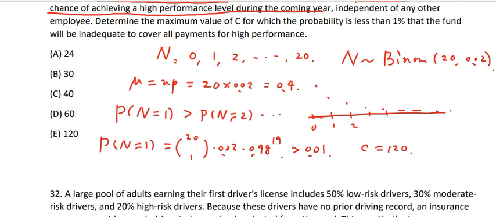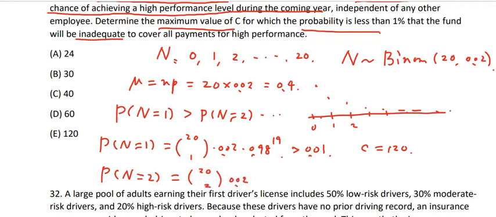So the question is, we want to find the maximum C such that the probability that the money is not enough is less than 1%. If n equals 2, we find this is less than 0.001.